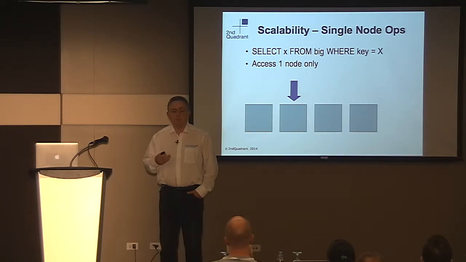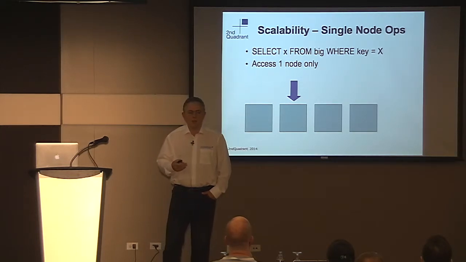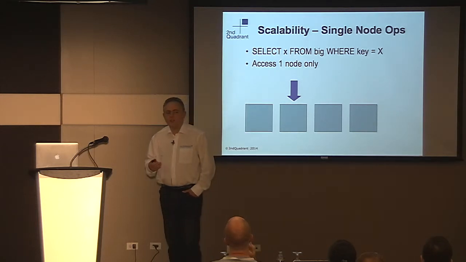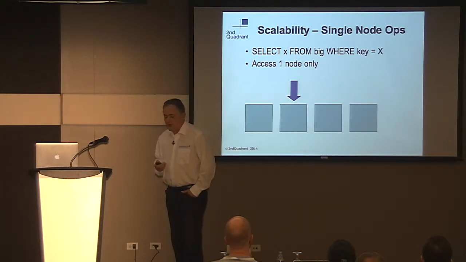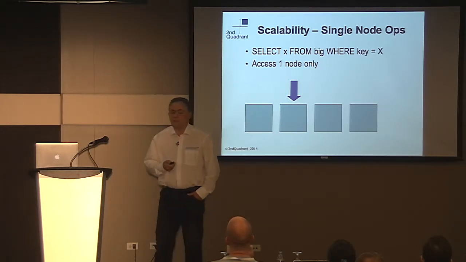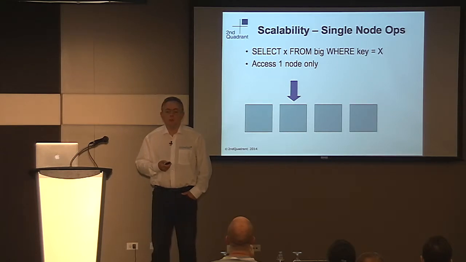Okay? So that's the basic principle that many different systems use. Many of the NoSQL approaches use roughly this concept in order to achieve write scalability. And that's basically where we're going to have to head as well if we want to achieve write scalability.